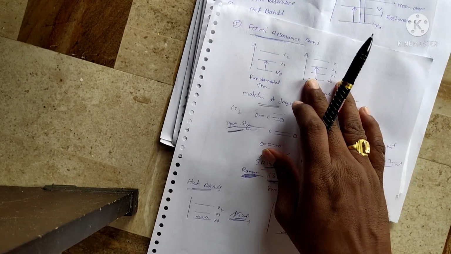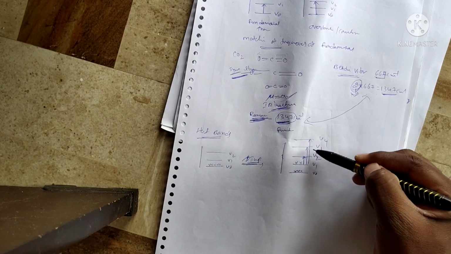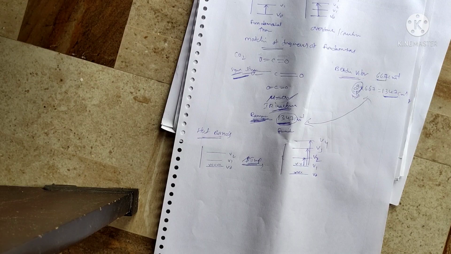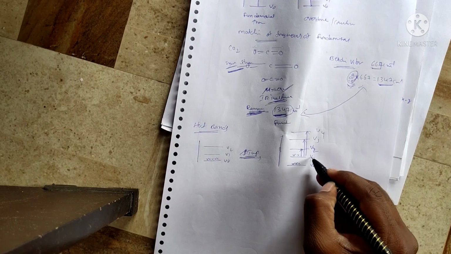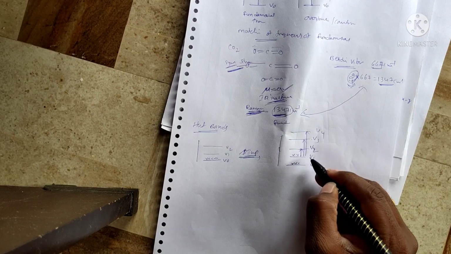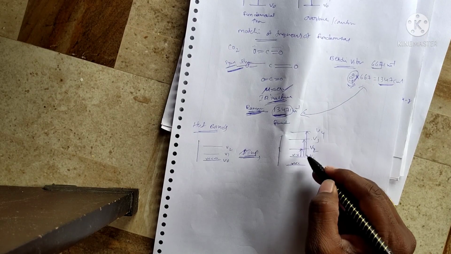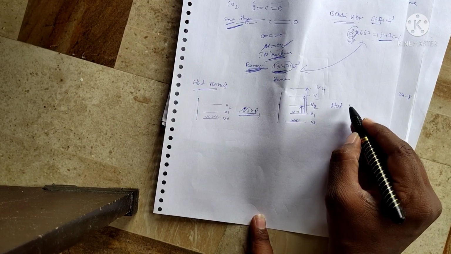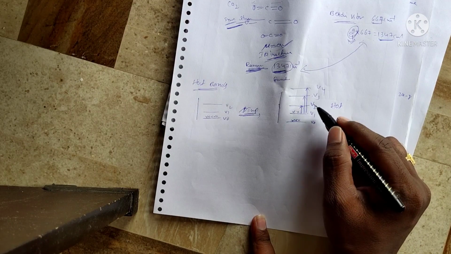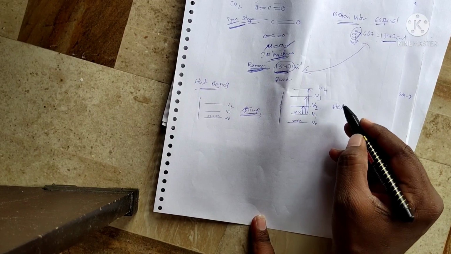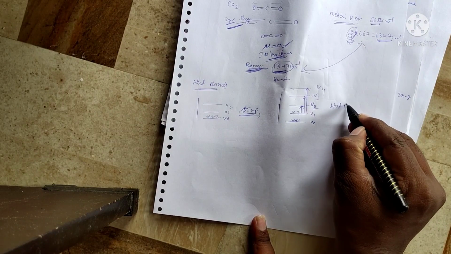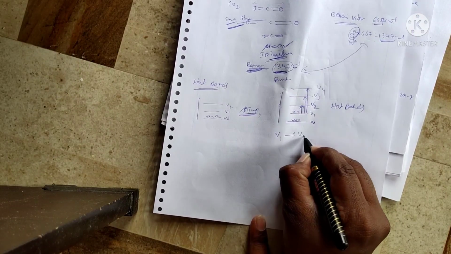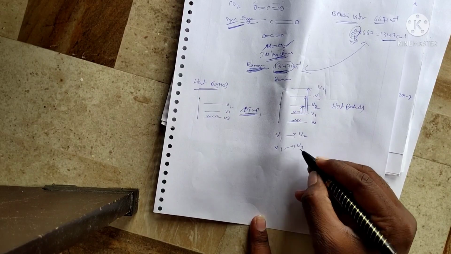Hot band means transitions take place at higher energy levels, that is, higher transition levels. Here V1 to V2, or V2 to V3, or V1 to V4. Transitions take place in the higher vibration levels, and at that time the bands are formed. This type of bands are called hot bands, nothing but V1 to V2 or V1 to V3 like this.